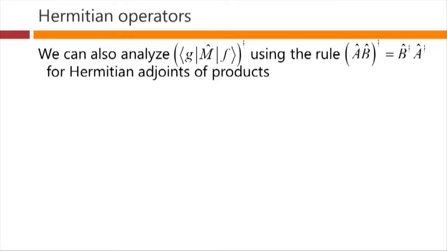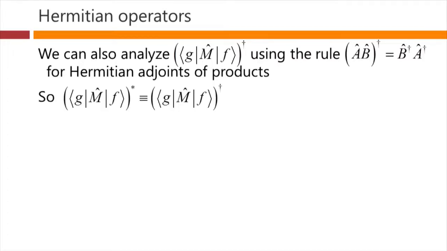And we can also analyze this Hermitian adjoint of this product here using the usual multiplication rule for the Hermitian adjoint of products, that it's the flipped round product of the Hermitian adjoints. So this complex conjugate of this number is equal to the Hermitian adjoint of this same set of products.